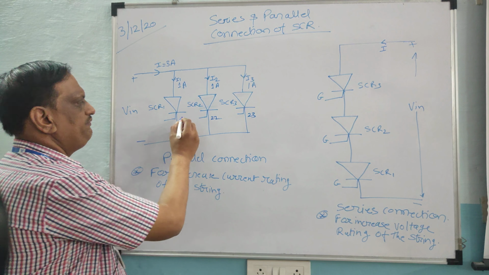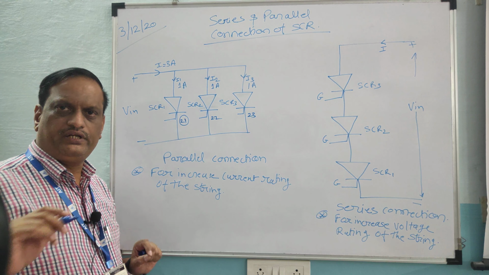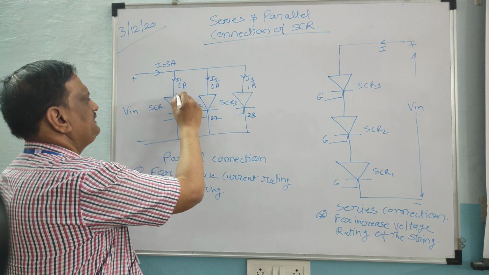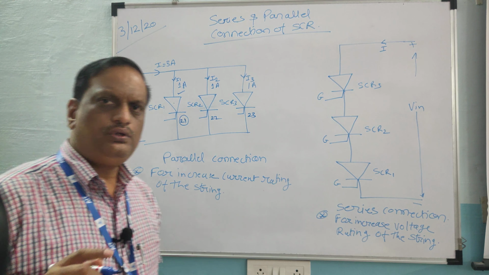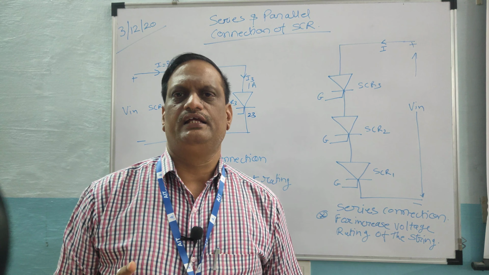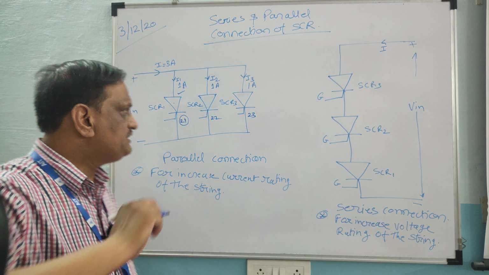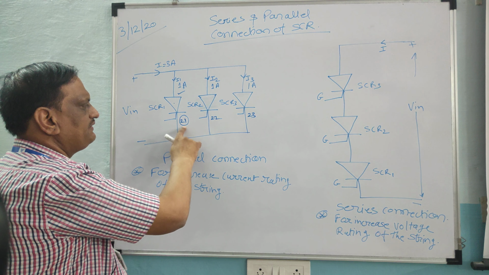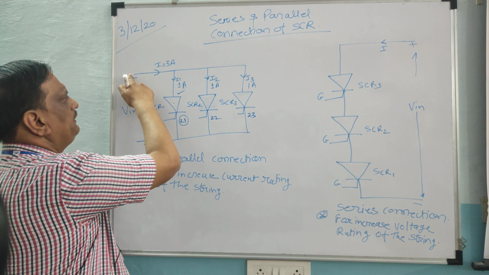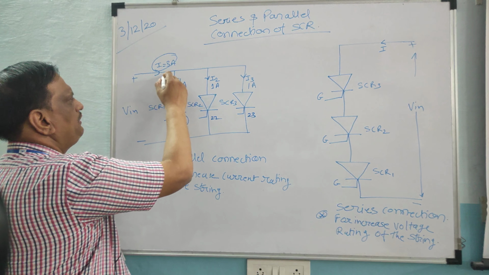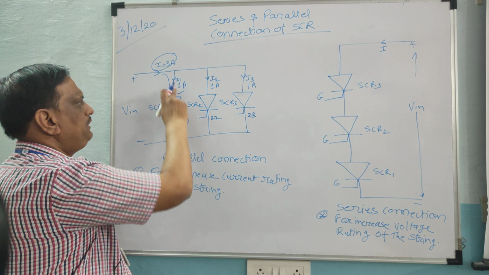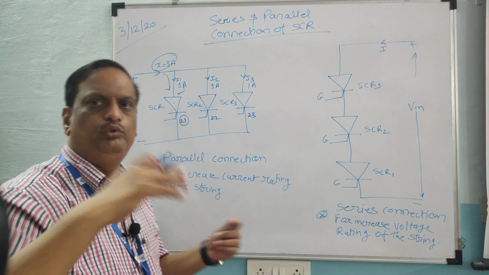The device having the lowest forward breakover voltage will conduct first. We know that when a semiconductor device starts conducting, it is like a short circuit. When the SCR starts conducting at 21 volt, the entire 3 ampere of current will try to flow through SCR1, and because of that the device S1 will blow off.